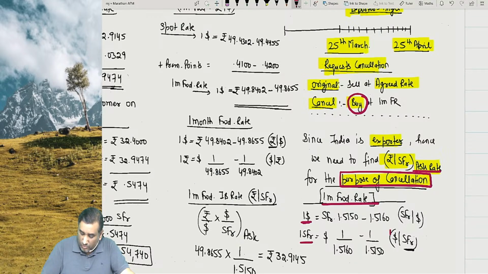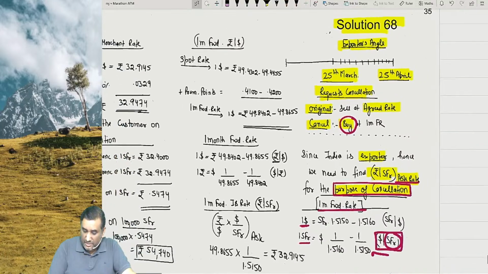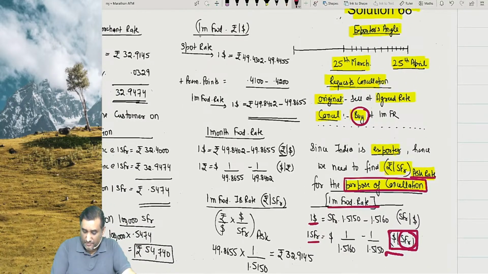So 1 month forward rate, dollar per Swiss franc is available. Out of these quotations, I'll be using this, Swiss franc at the bottom. Then I need 1 month rupee per dollar. I was given the spot rate. Add the premium points. When you add up the premium points, you get 1 month forward rate 49.8402, 49.8655, and since you require rupee on the top, you can use the first one.